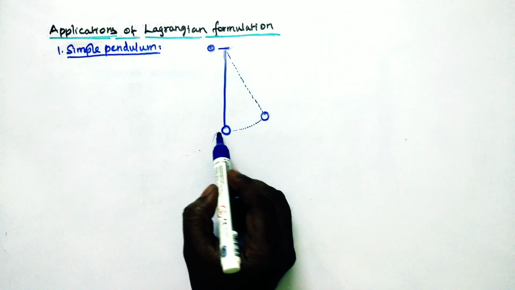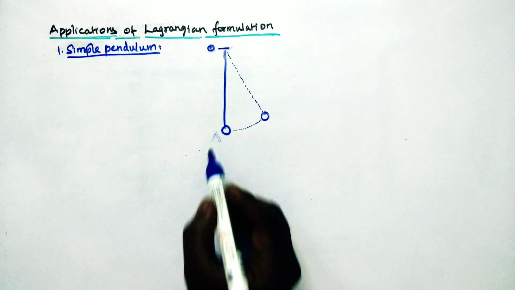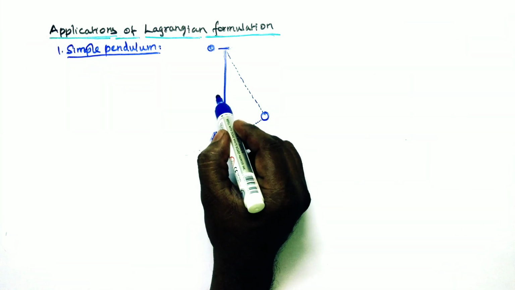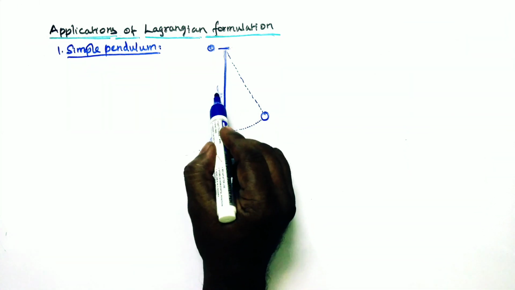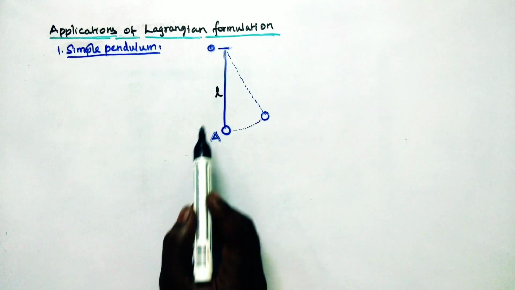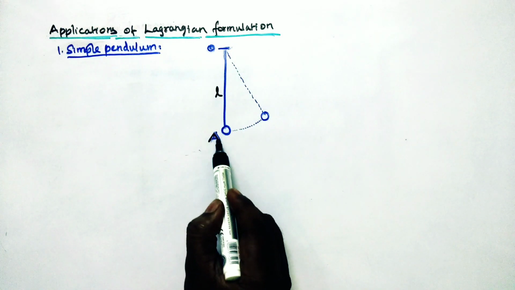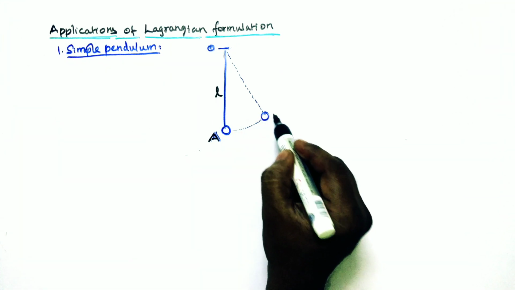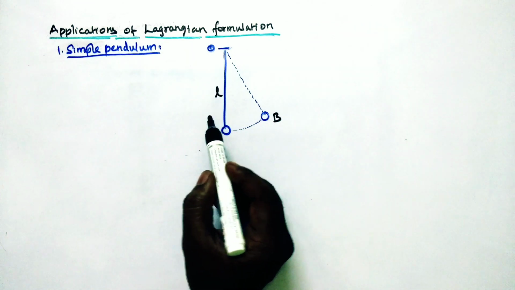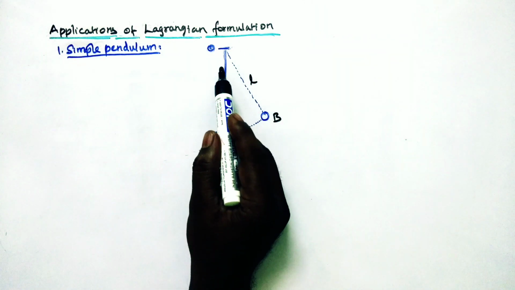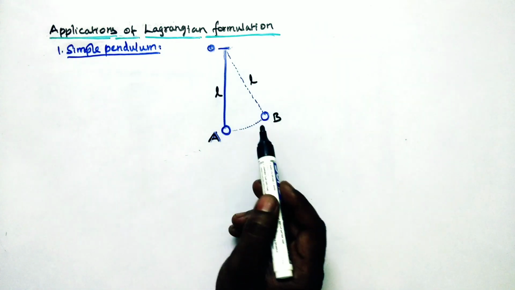And this is A. We put the name A. This OA is L. Sorry, this point is O, this point is A. The displaced position, that means the deflected position, is B. So OA is L and OB is also L because the length of the string does not change.